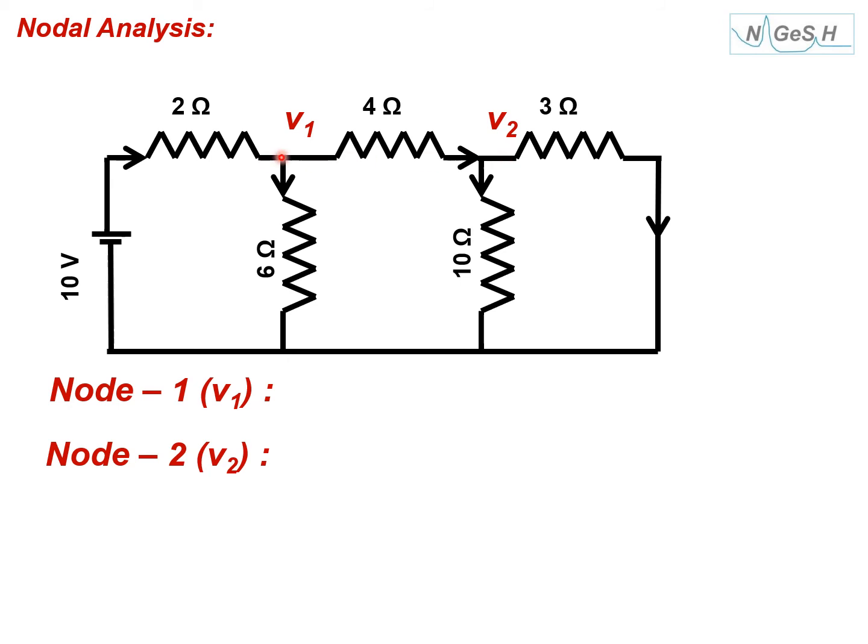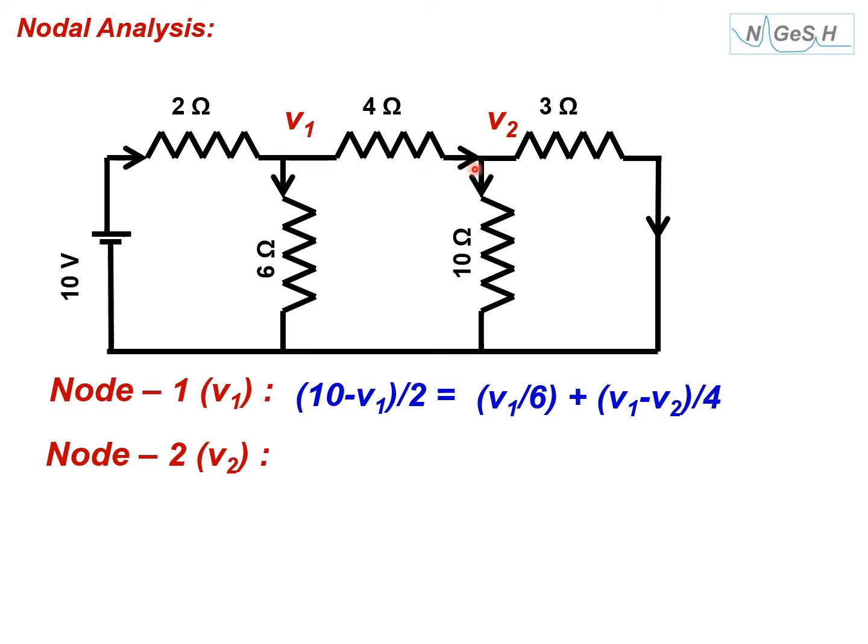So for node 1, the current coming here, the voltage here is 10 minus V1. (10 minus V1)/2 is the current flowing here, must be equal to V1/6 and (V1 minus V2)/4, because I am assuming current in this direction. (10 minus V1)/2 = V1/6 + (V1 minus V2)/4. That is the Kirchhoff's current law at this node.